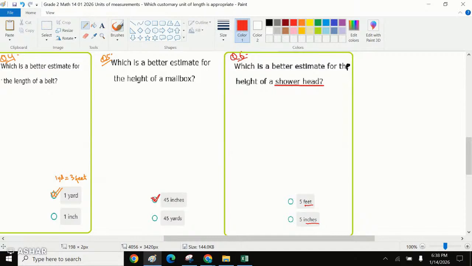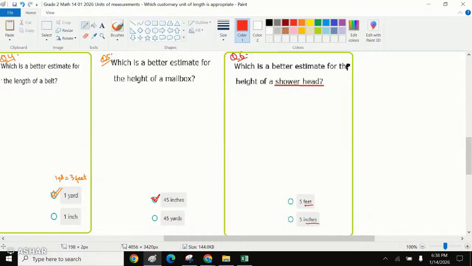Should it be 5 feet or 5 inches? We would want the shower head to be above us, right? So if our height is 5 inches, our height is not 5 inches, right? It could be 5 feet, right?